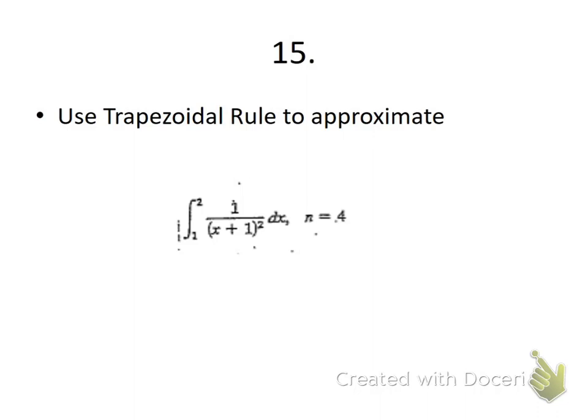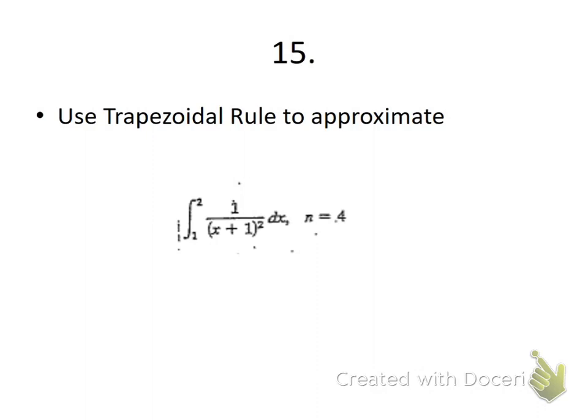Let's do a trapezoidal rule. Use trapezoidal rule to approximate the integral from 1 to 2 of 1 over quantity x plus 1 squared dx when n equals 4.